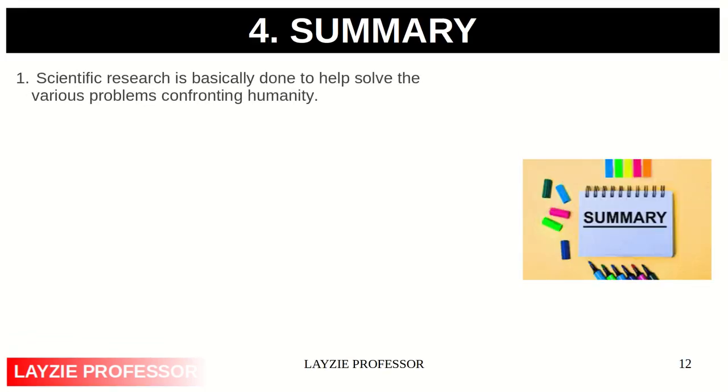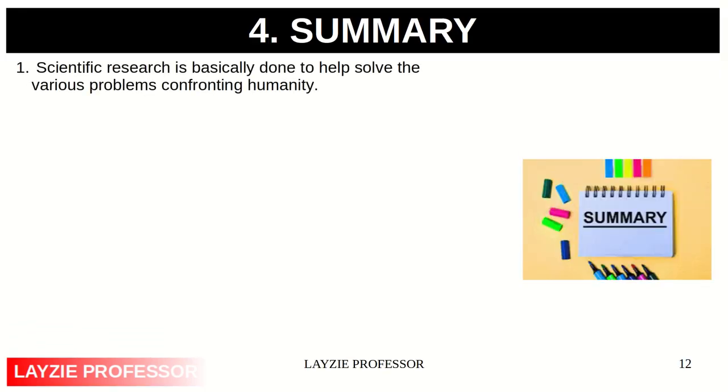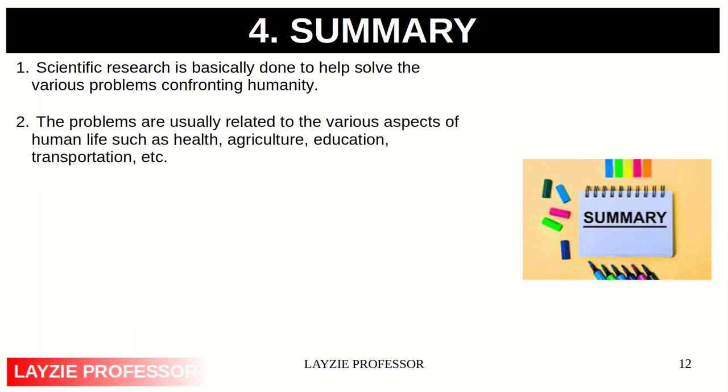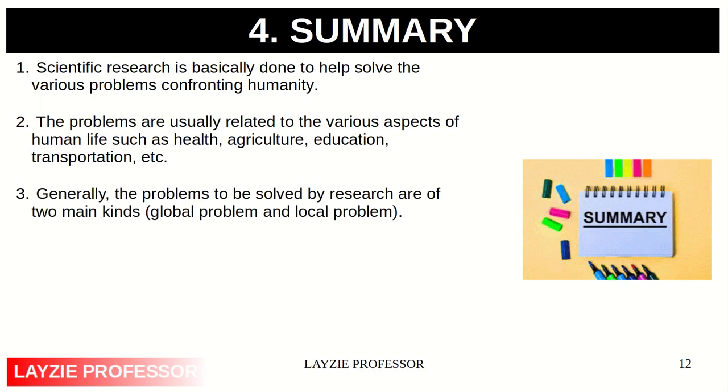So in summary, scientific research basically is done to help solve the various problems confronting humanity, so we can develop and move forward. And the problems are usually related to the various aspects of human life, such as health, agriculture, education, transportation, etc. Generally, these problems can be solved at two main levels: the first level is at a global level, and the second level is at a local level.